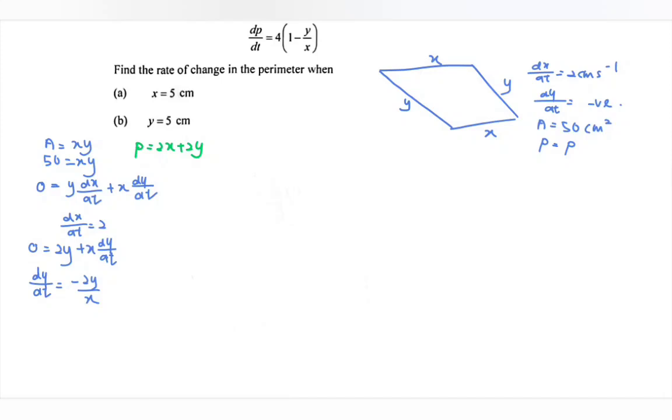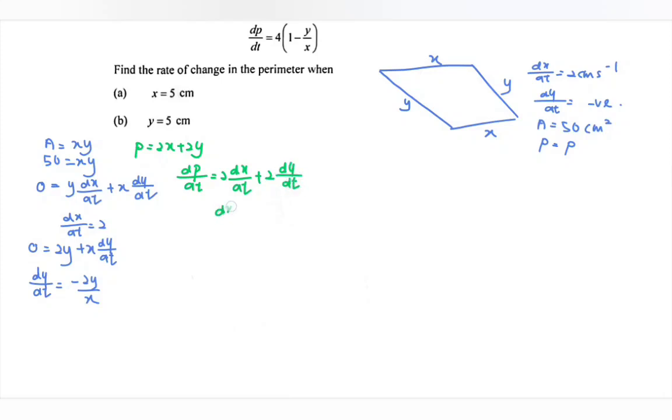Let's focus on the perimeter. We have dP/dt. Differentiate the 2x, so we have 2 dx/dt, plus 2 dy/dt.